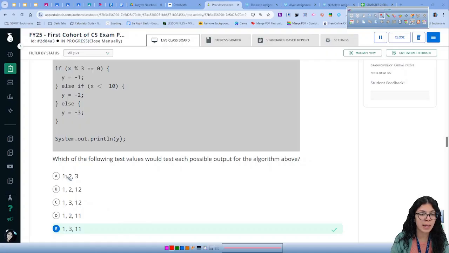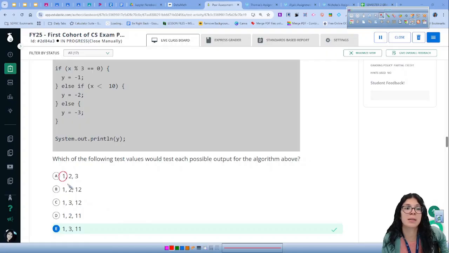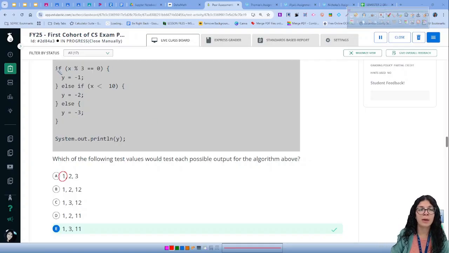So let's go ahead and test which one of the cases 1 ends up giving us. So I first check if 1 mod 3 equals 0. Well, 1 mod 3 would be 1. When I divide 1 by 3, 3 does not go into 1 any number of times.